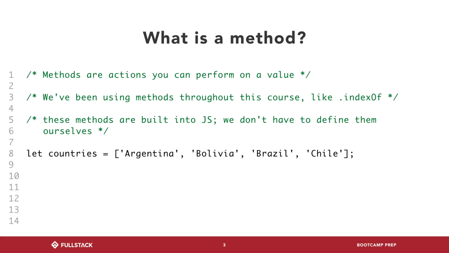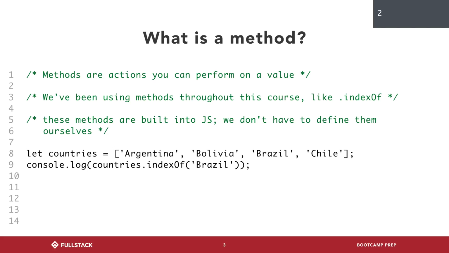Okay, so methods, for now at least, you can think of as synonymous with functions; really it's just a series of actions that you can perform on a given value. We've seen a lot of built-in functions already with arrays and objects.